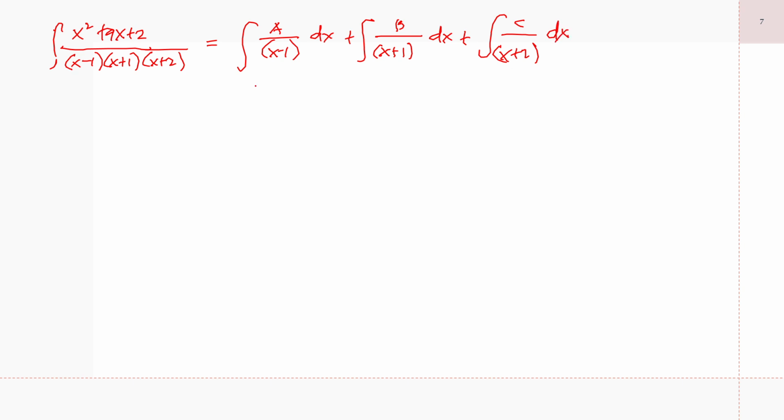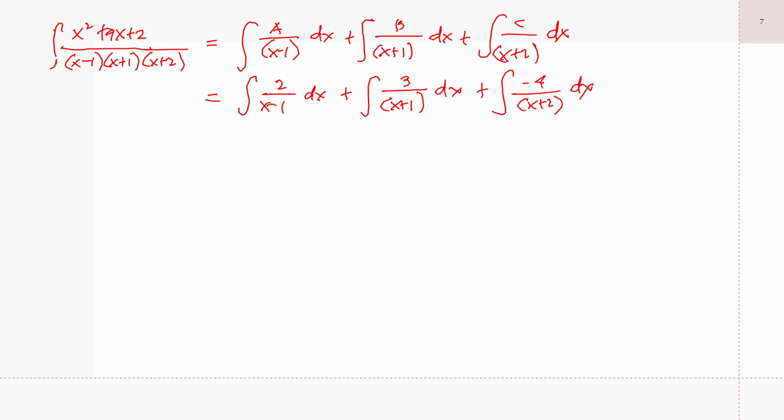So we have now the value for a. The integral of 2 over x minus 1 dx, plus our value for b, which is 3 over x plus 1 dx, and the value for c is negative 4 over x plus 2 dx.